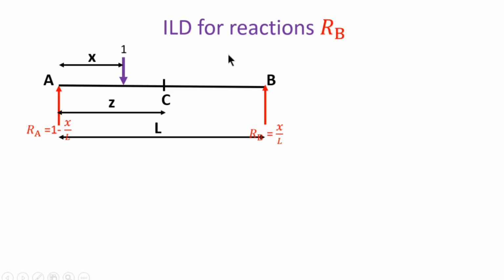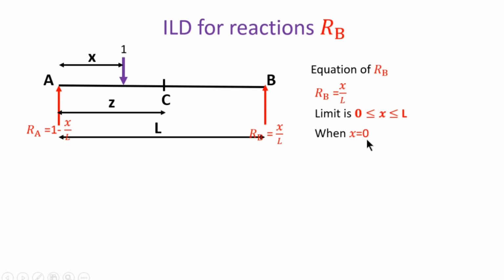Now ILD for reaction Rb. Again same procedure. Equation of Rb that we know is x by L. Again the same, limit is 0 to L. This x is greater than 0 and less than L. So now first put here x equal to 0.